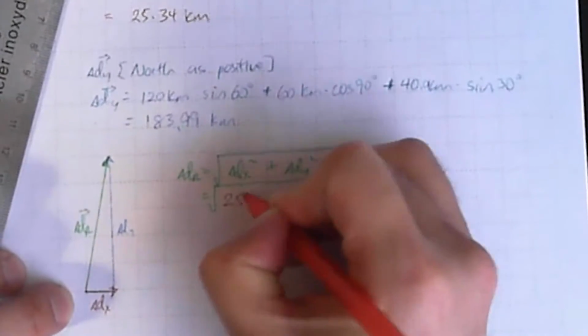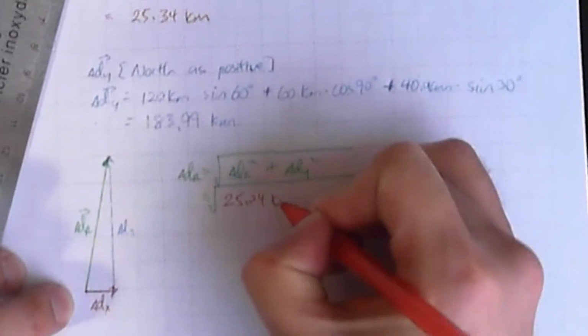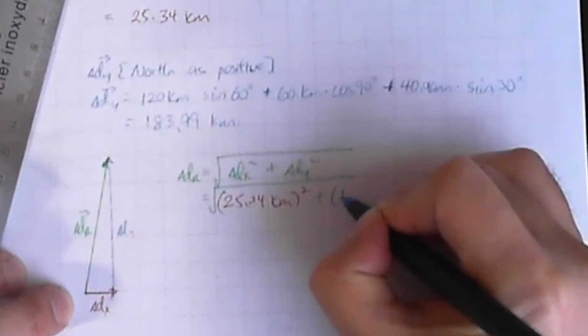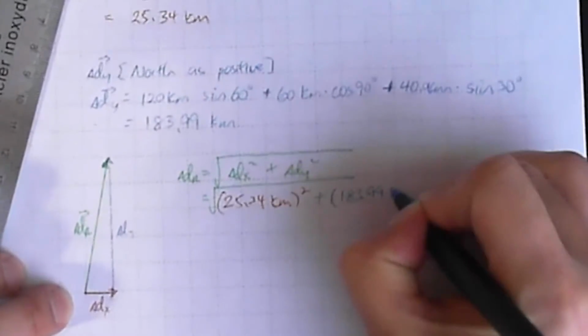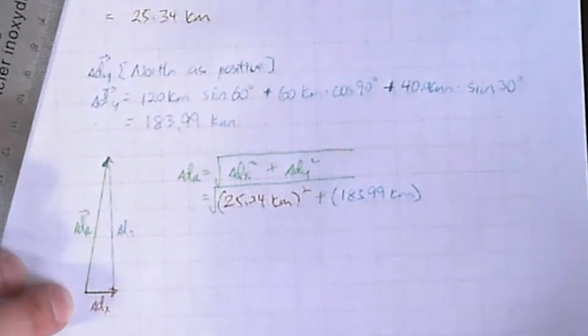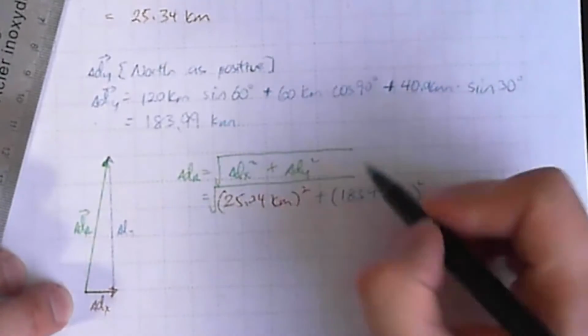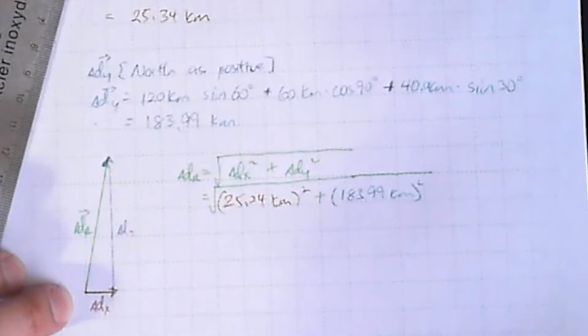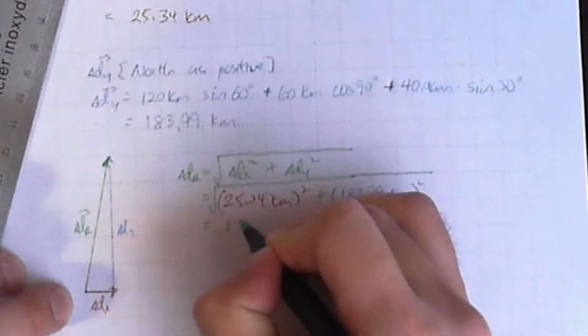which is equal to the square root of 25.34 kilometers bracketed squared plus open bracket 183.99 kilometers close bracket all squared. All right, don't forget to square the measure as well as the units. If all goes well, this works out to 186 kilometers.